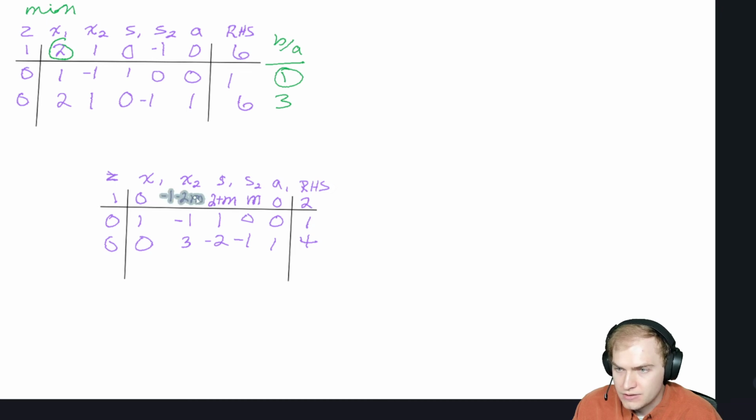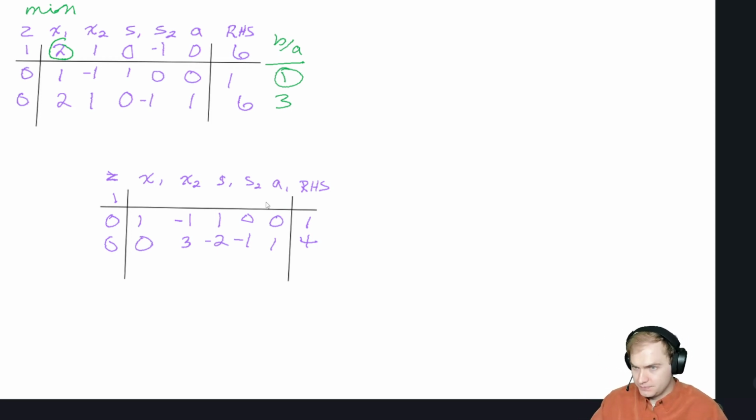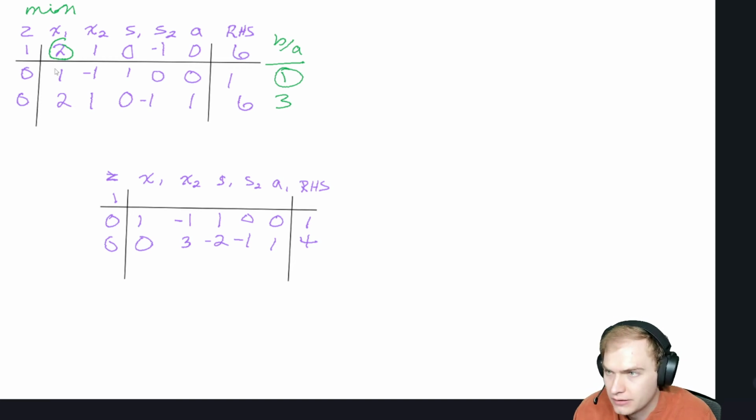But the difference is that our objective function row is going to be totally different because we have a different objective function. And we were pivoting on that entry.